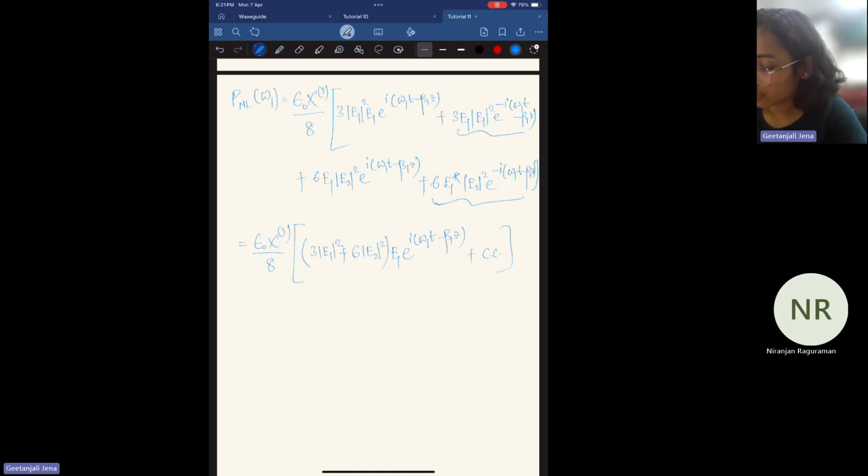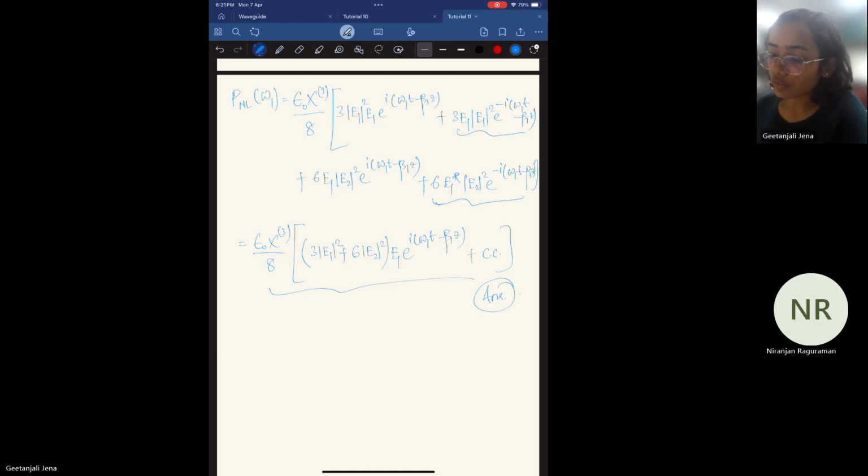Okay, so this is how we can filter out the contribution of omega 1, or sum frequency or difference frequency, or whatever the question is asking about for the nonlinear polarization.